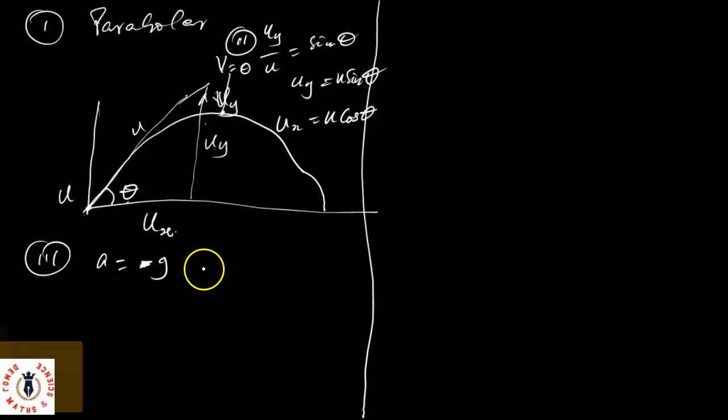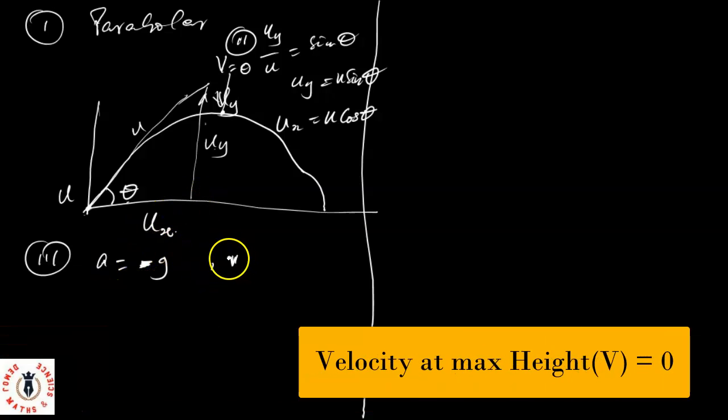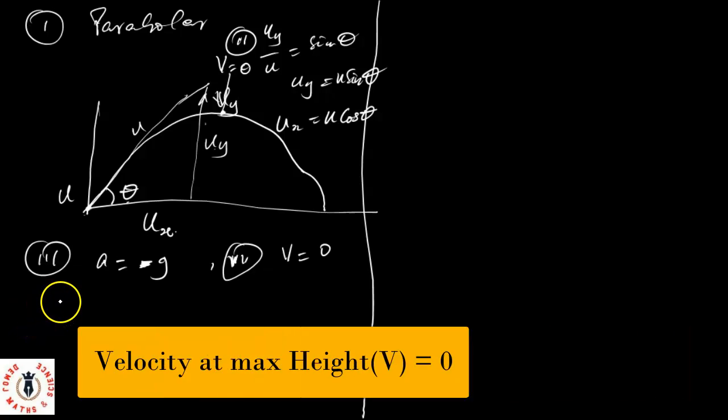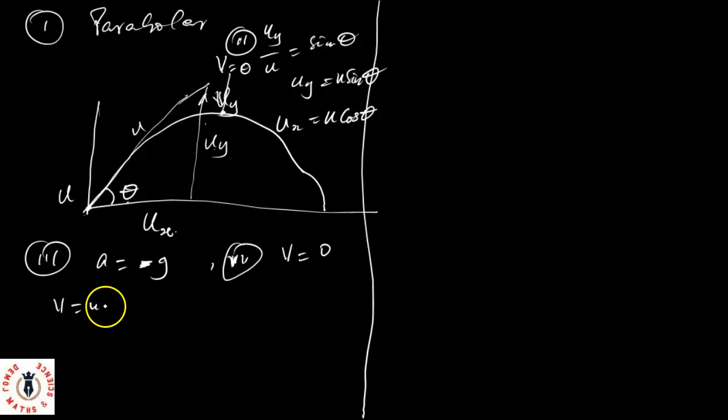And finally, the thing I want you to remember about this motion is that at the highest height, v is equal to 0. Remember from our first lesson where we dealt with the equations of motion, we said that v is equal to u plus at. Now, from here, my v is 0, so 0 is equal to u plus at.